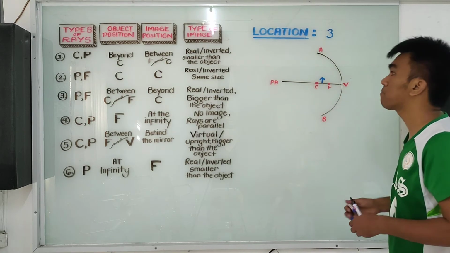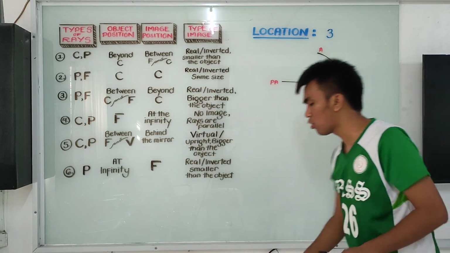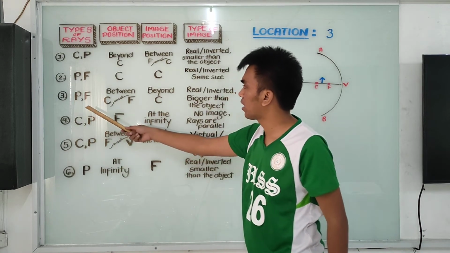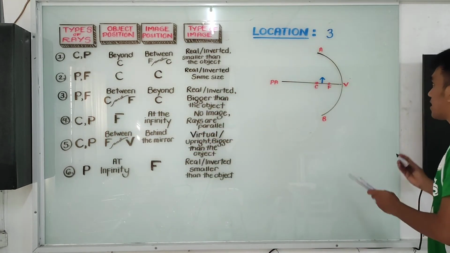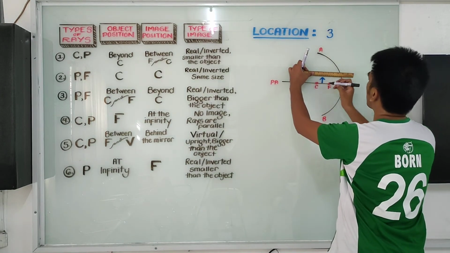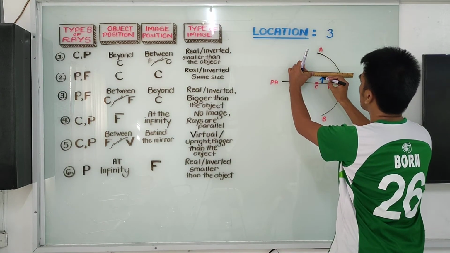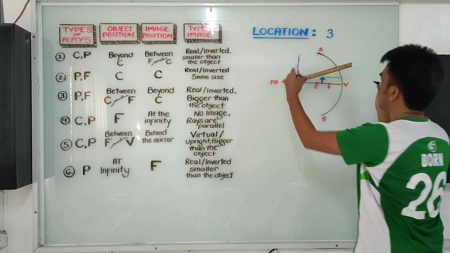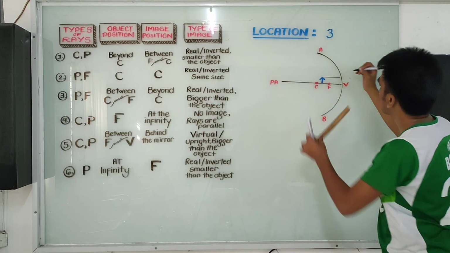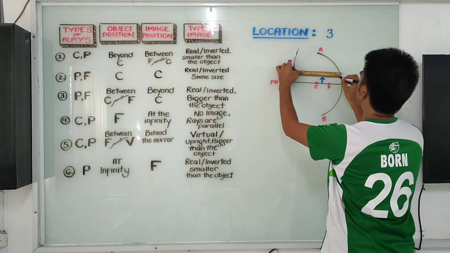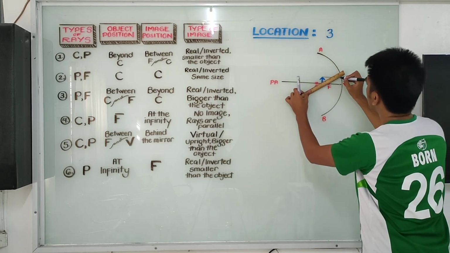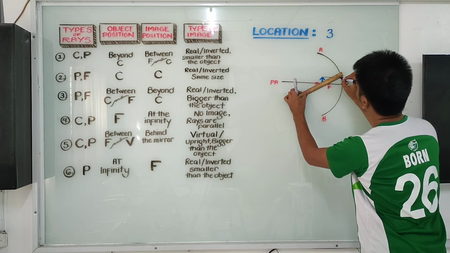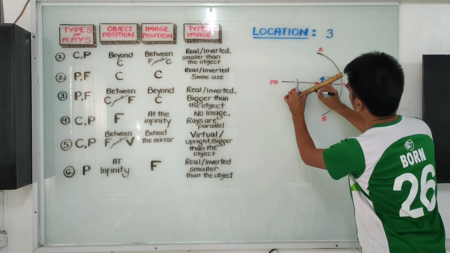And the types of rays that we are going to use are the principal ray and the focal ray. So we are going to illustrate again the principal ray. It should be parallel to the principal axis, and it passes through the focal point.